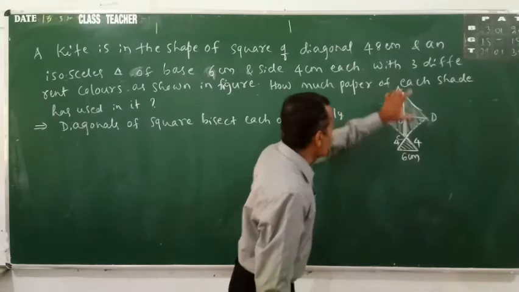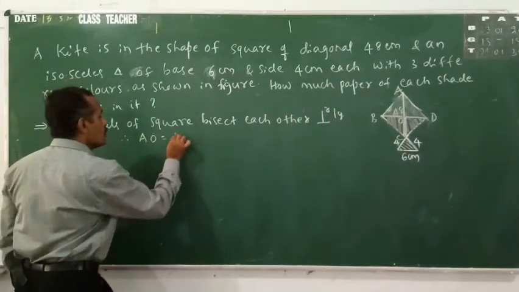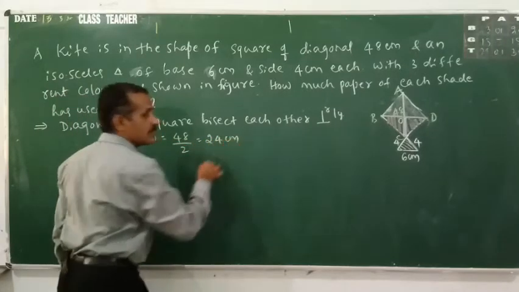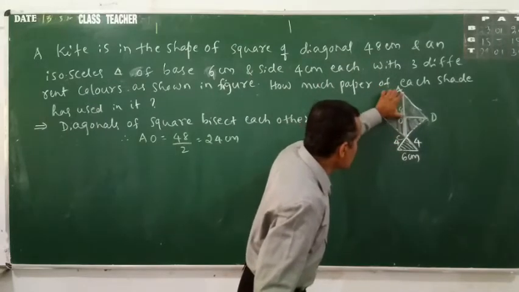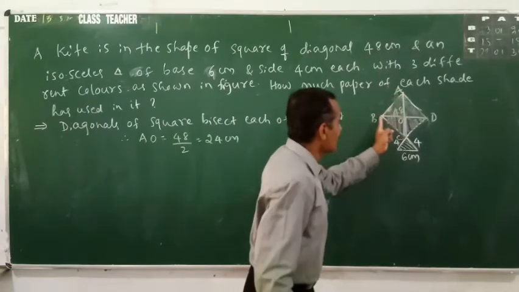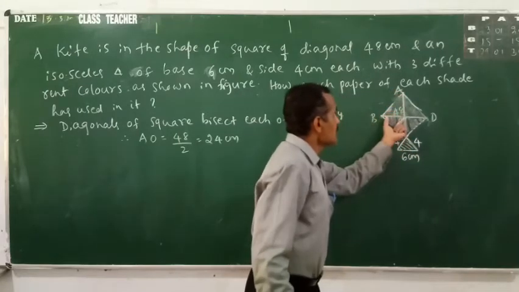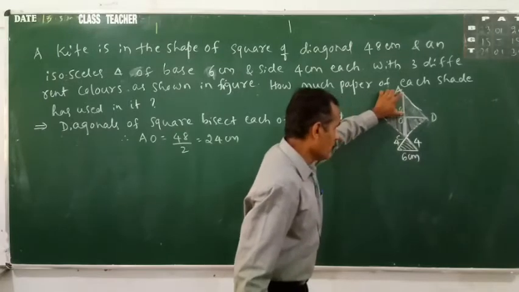The length of AO is 48 divided by 2. Answer is 24 centimeter. The entire length is 48, and these two parts are equal because the diagonals bisect each other. So when this is 48, this length is 24.